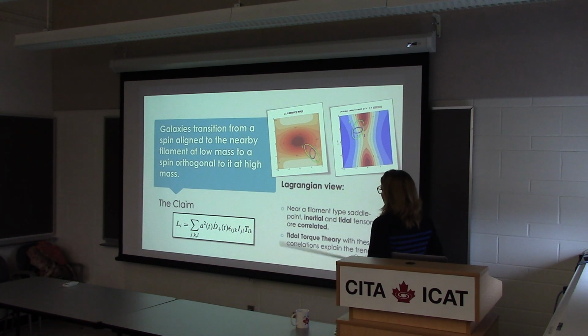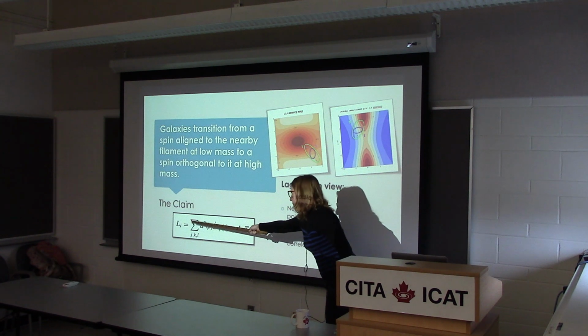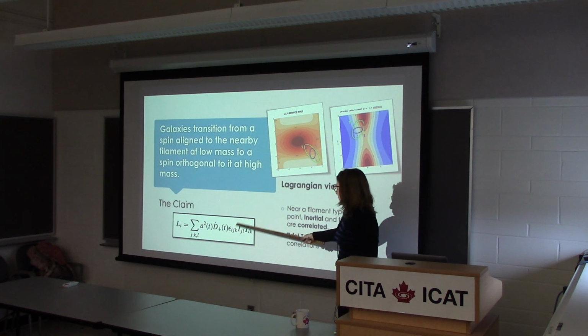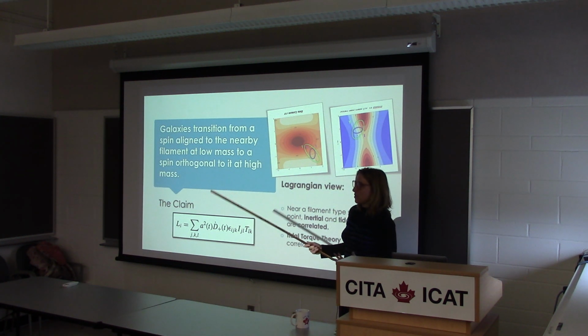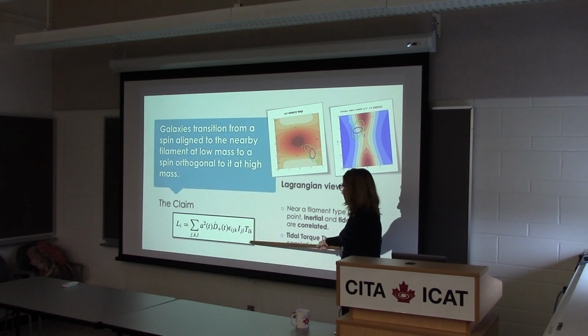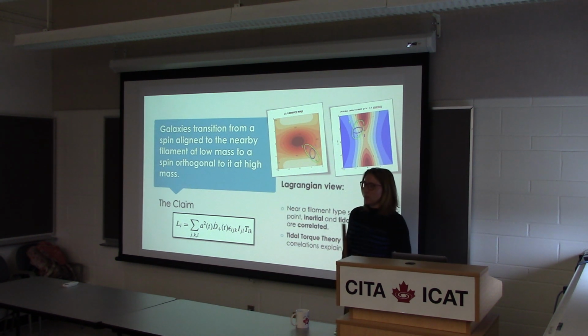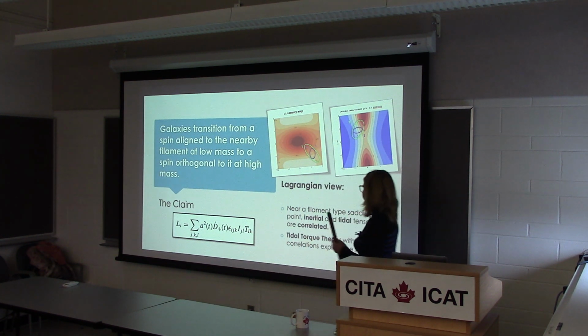But the claim is that you can actually explain this from a tidal torque theory, which relates the angular momentum acquired by a patch of matter to correlations between its inertia tensor, so its local shape basically, and its tidal tensor, so the tidal field it experiences. This one probes seemingly larger scales than this one.